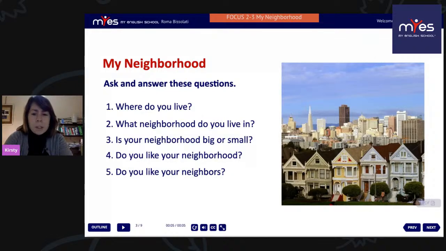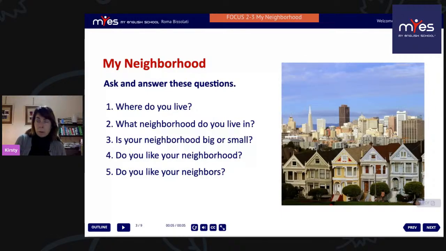My neighborhood is quite big, actually. It's quite a big area. There are lots of people. It is very residential. It's a residential area with lots of families.